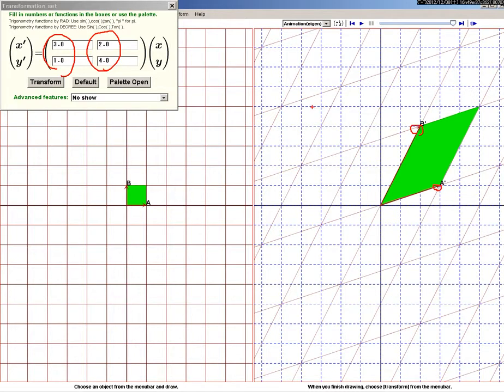But it doesn't look similar to A's transformation. So we are going to change the base.